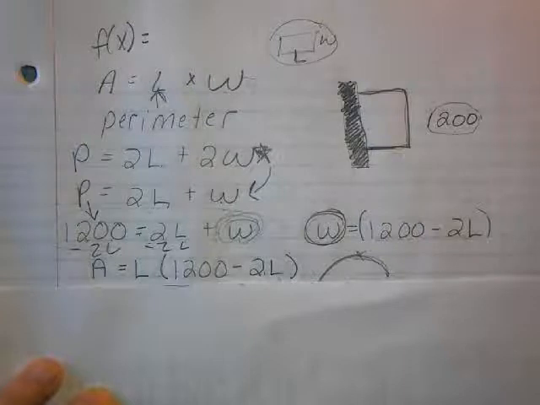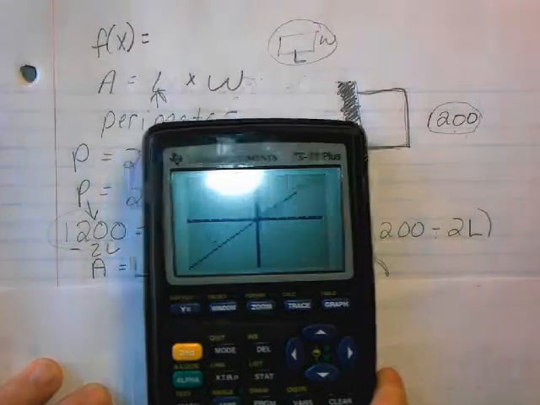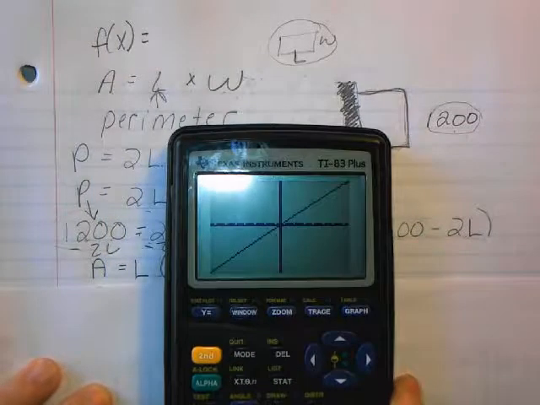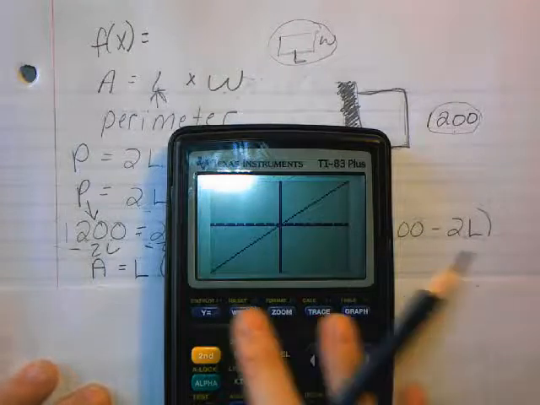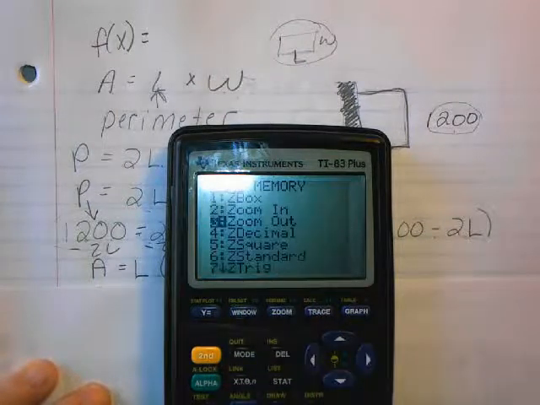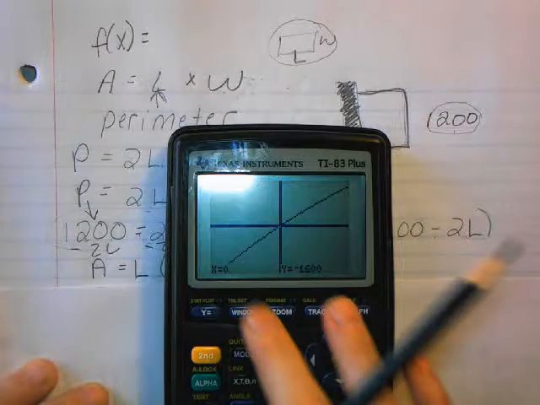zoom, I always do zoom fit if I don't know what my window is going to be. Okay, I know this is a quadratic, so I absolutely know I'm not seeing the whole thing. So I need to go back and fix my window or zoom out a little bit. Let's see. Still can't see the maximum. Let's change my window.